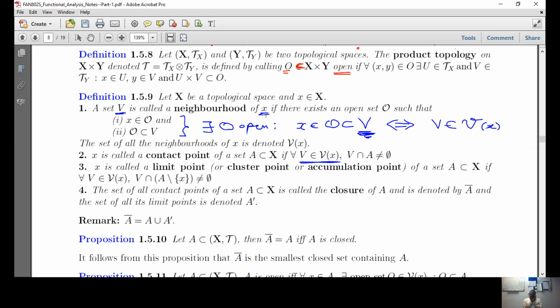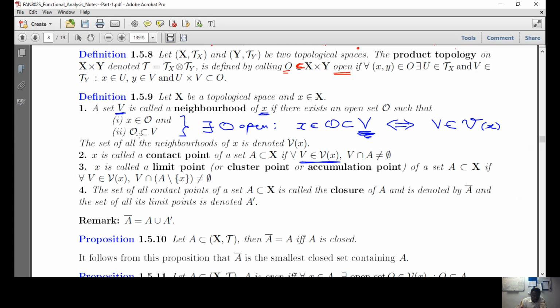I am a neighborhood of X, so I contain an open set containing X. If I am already an open set, and I contain X, I'm a neighborhood of X. That is it, because I contain myself and I am an open set containing X, so I'm a neighborhood of X.